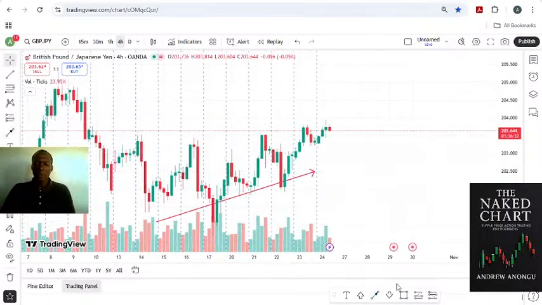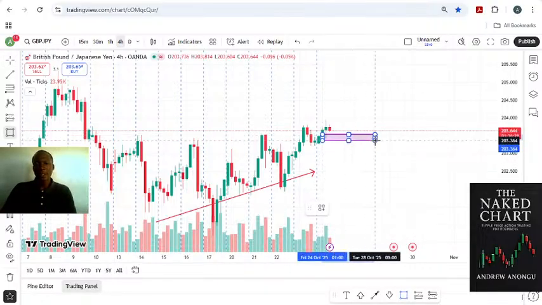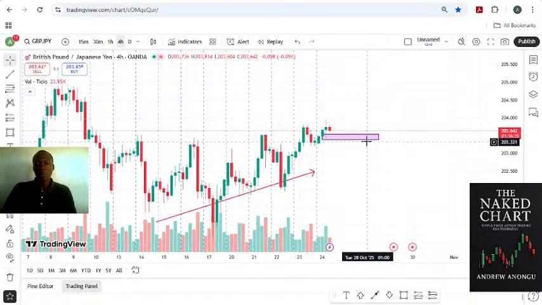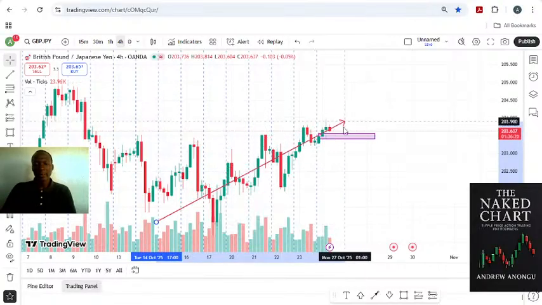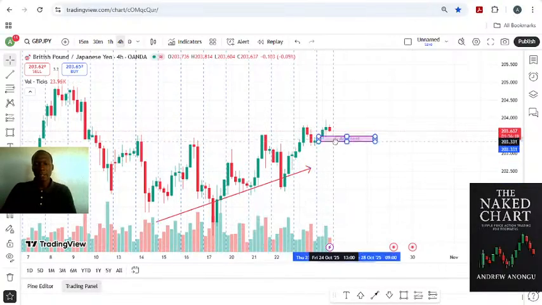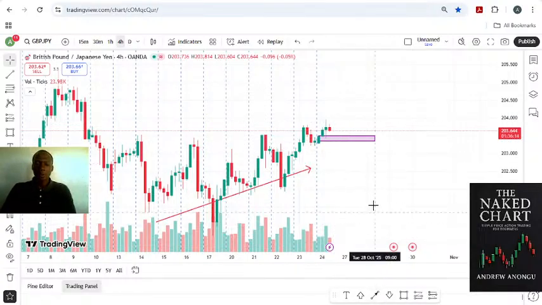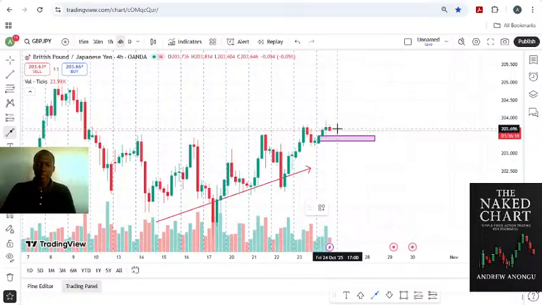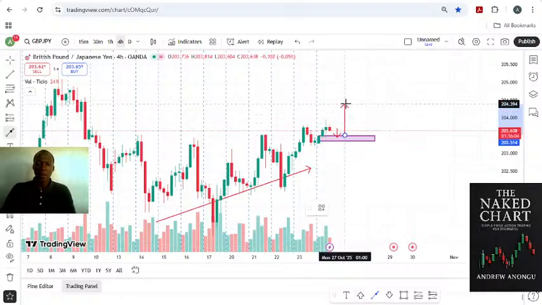The way to approach this is we are going to isolate these last two candles, which is our potential higher low before the new higher high is formed. So let's make this more pronounced. This is what we anticipate price to do. We anticipate a deep pullback to the level and a continuation up.